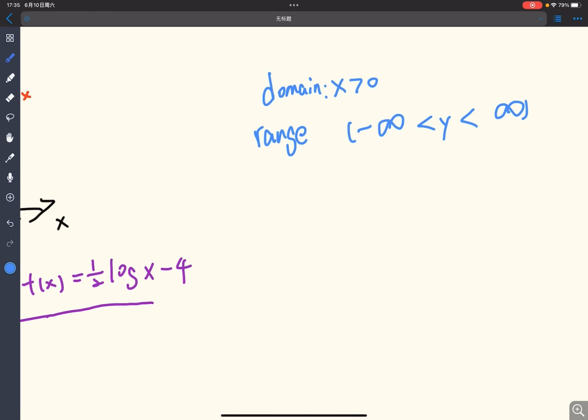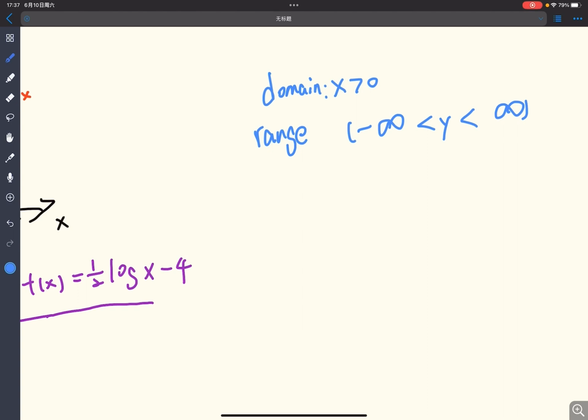And the asymptote. The equation of the asymptote for the inverse function can be determined by examining the behavior of the original function's asymptote.